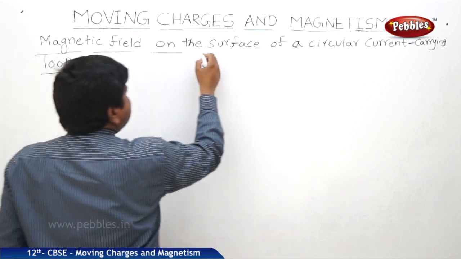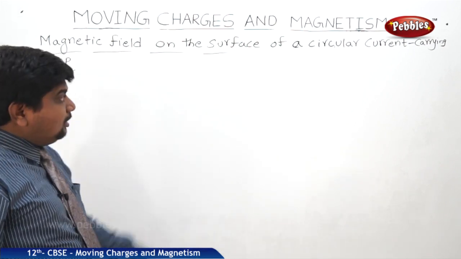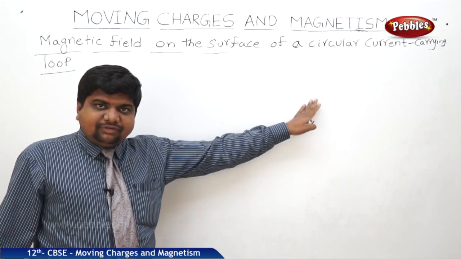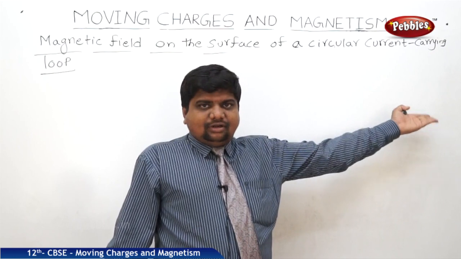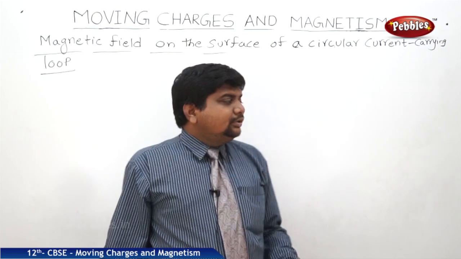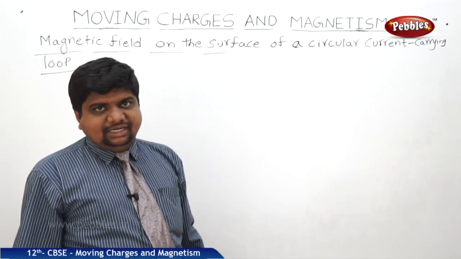Means a loop is there which is in a circular shape, along which some amount of current is passing. So with respect to that, at a point P, which is at a distance of x, we should find out the magnetic field.